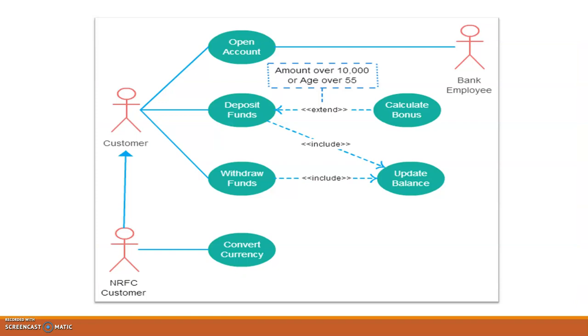Here we have an example of the include relationship. See, in your bank, when you say update balance, update balance is a process, a use case, and it happens whenever you deposit funds, but there is no condition like a certain amount. Anytime you deposit an amount or withdraw money, your balance should get updated.